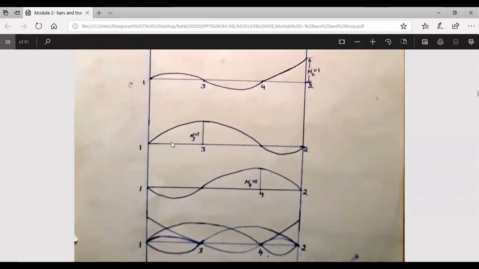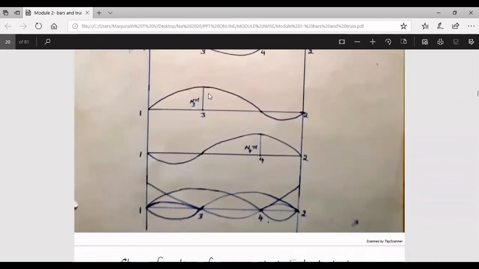Again you can see here at node number 1, node number 4, and node number 2, the N3 value will be 0. Only at node number 3 it has 1. Similarly, for node number 4, the N4 value is 1, and at all the remaining nodes it is 0, so that it satisfies the first property of the shape function.